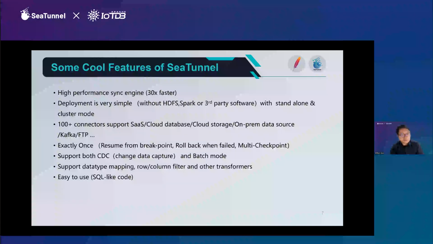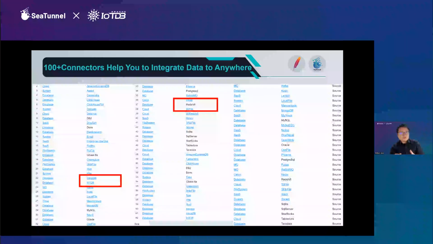And it's very easy to use. Here are the connectors we have now. It has more than 100 connectors to help you integrate your data anywhere. You can see we support both IoTDB and InfluxDB, so that means you can migrate from InfluxDB to IoTDB with SeaTunnel.